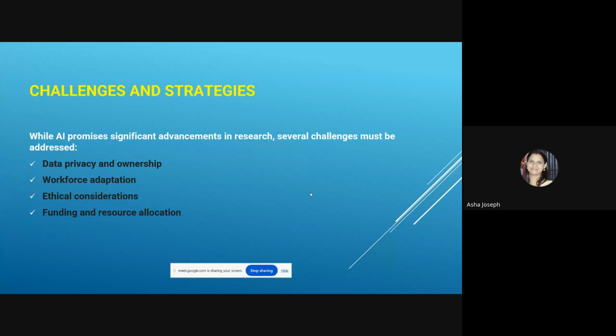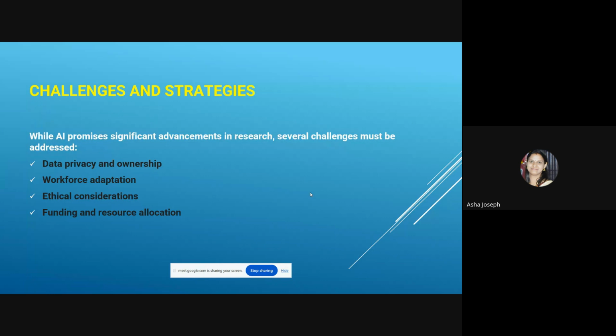AI plays a very large role in research, but ethical questions will arise, especially with sensitive data, which I have already mentioned, like health or medical and social science research. So organizations should establish clear guidelines to ensure that human judgment remains central in critical decisions. Funding and resource allocation is another one. Transitioning to AI-driven research requires substantial investment.